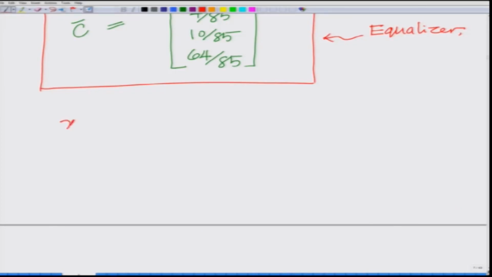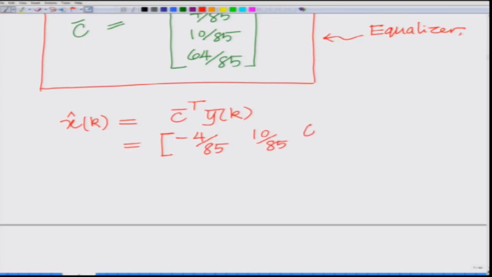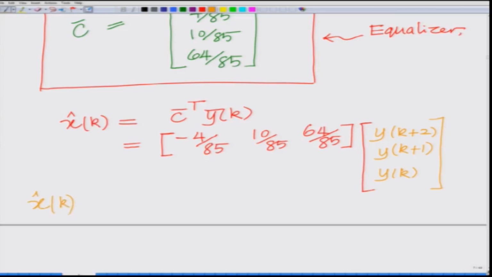So, x hat k equals C bar transpose y bar k, which is the equalizer which we have evaluated, minus 4 by 85, 10 by 85, 64 by 85, times y of k plus 2, y of k plus 1 and y of k.